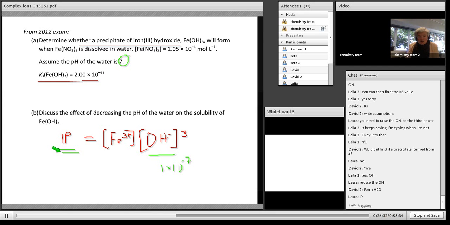We actually don't know IP, because we've got to compare it with Ks at the end to see if it's bigger or smaller. So do I know, because we've got three things here, the IP, the Fe3+ and the OH-, do I know what my Fe3+ is?